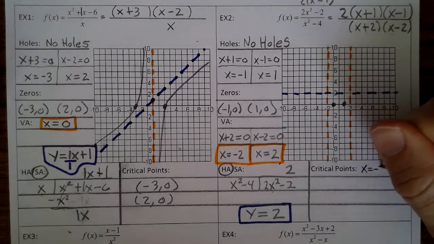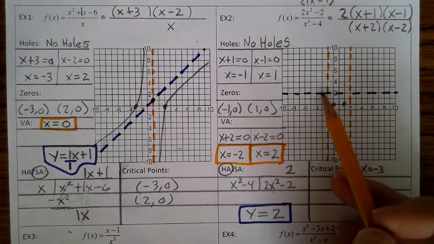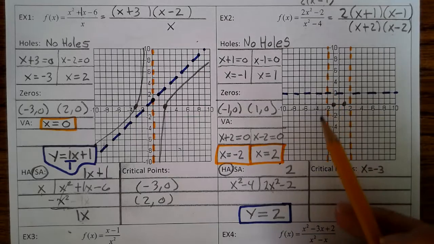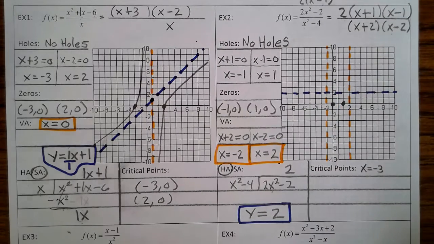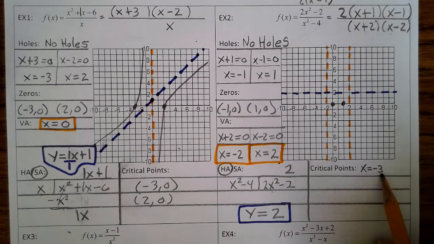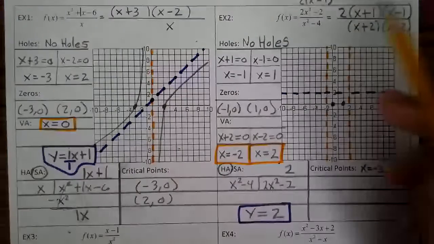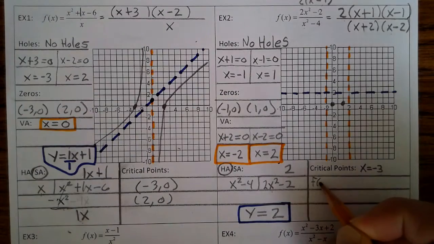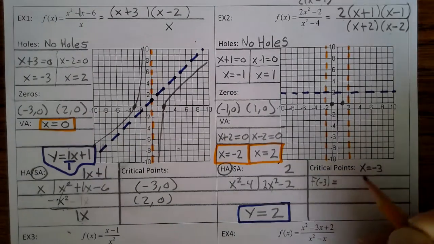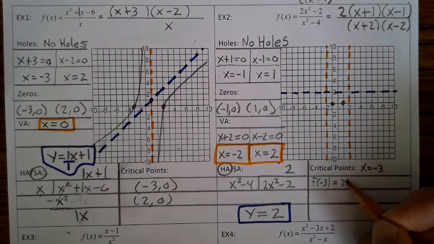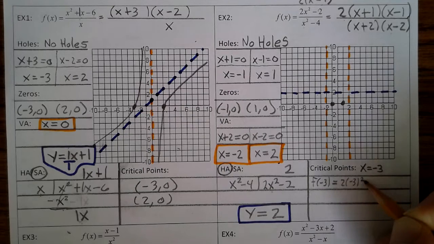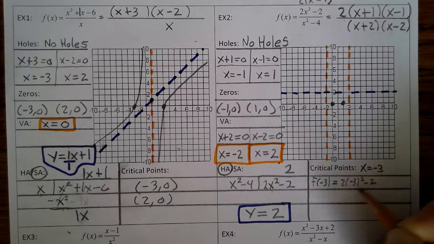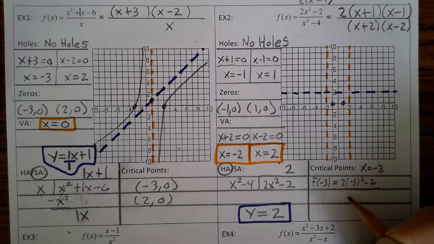So we're going to plug -3 into the function. So that's f of -3 equals 2 times (-3) squared minus 2, divided by (-3) squared minus 4, and that equals 3.2.